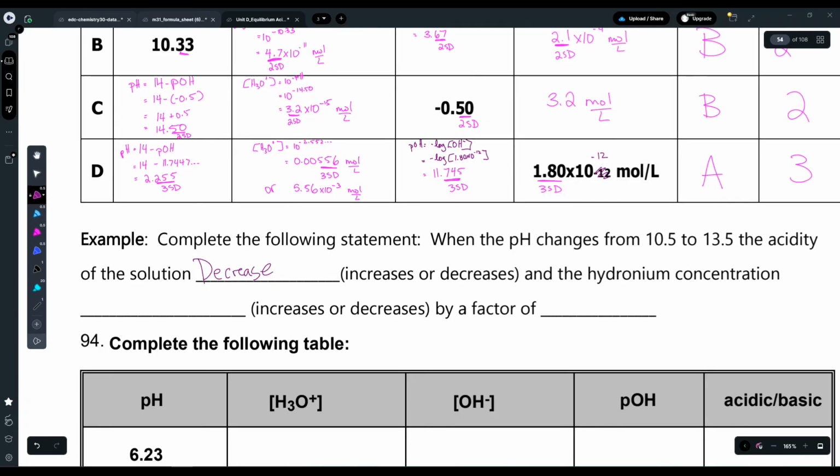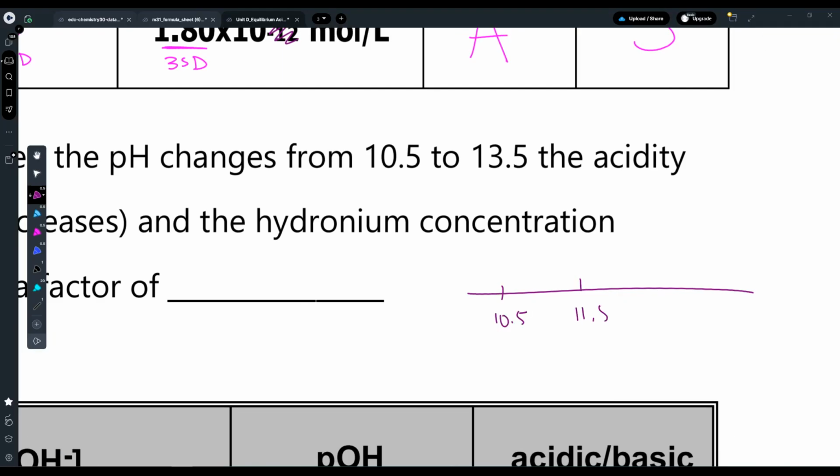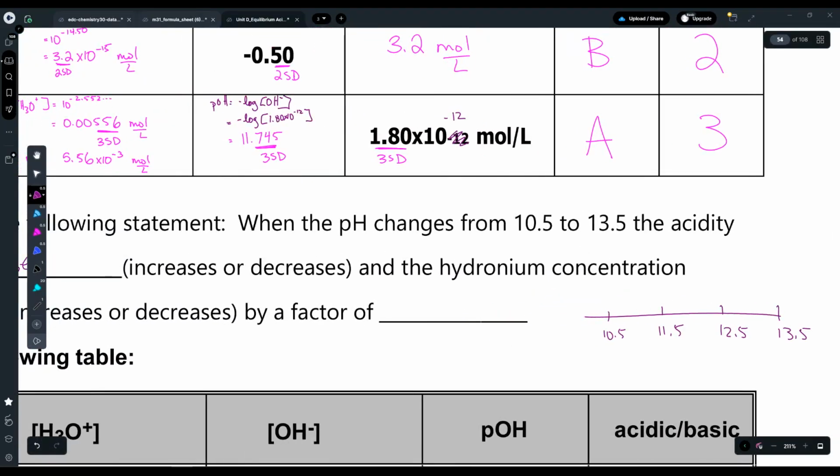And the hydronium ion concentration either increases or decreases. So if I write this out, we got 10.5, 11.5, 12.5, and then 13.5.